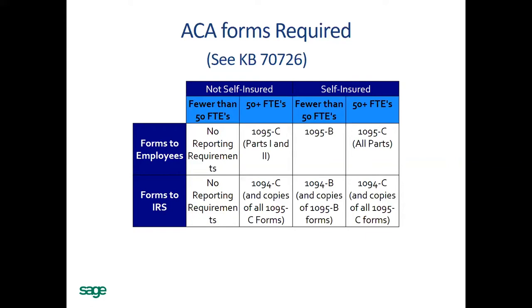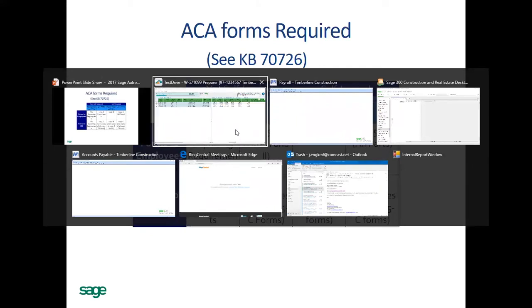In your handout, the stuff that's in blue, if you printed on a color printer, are links in the KB that will take you to videos that will walk you through the setup and the actual printing of the form. Let me jump back here. There are a couple of things I wanted to point out.